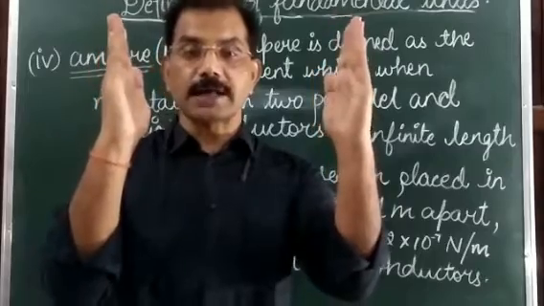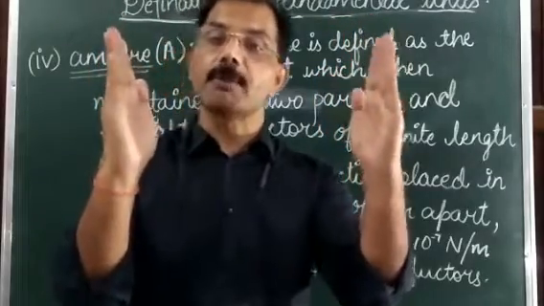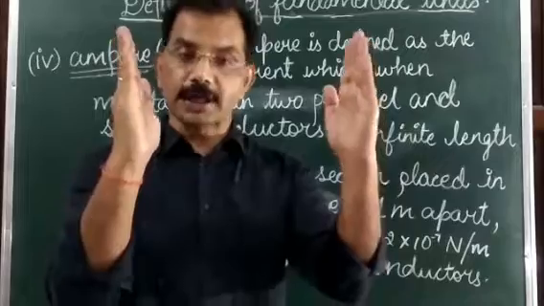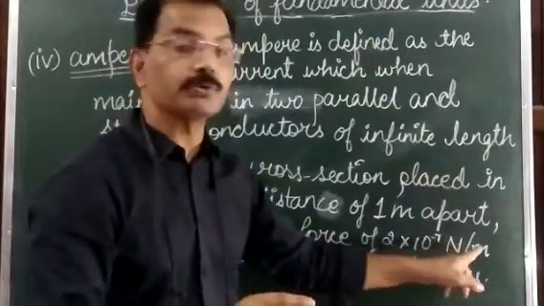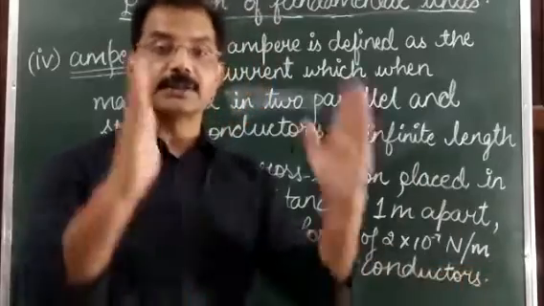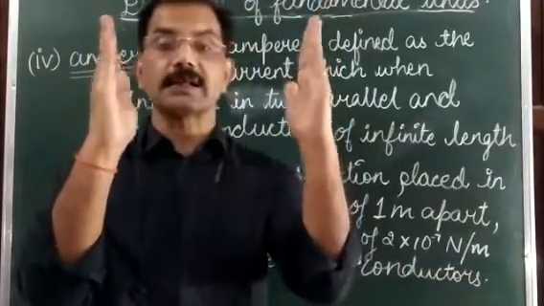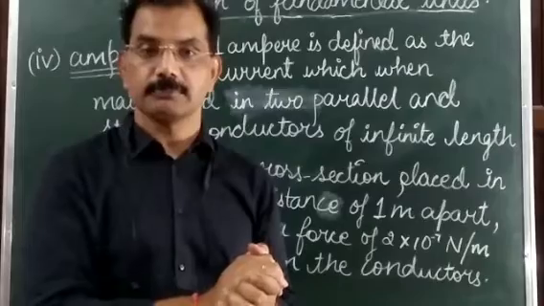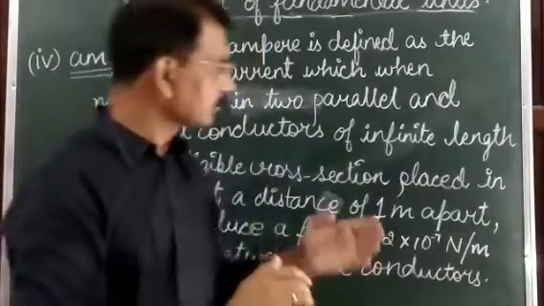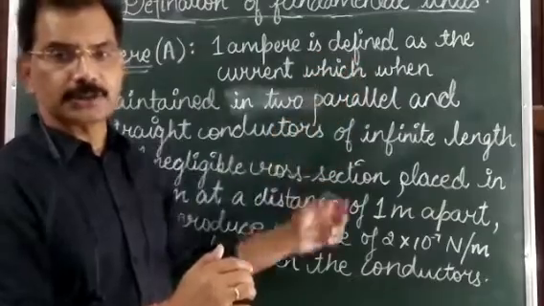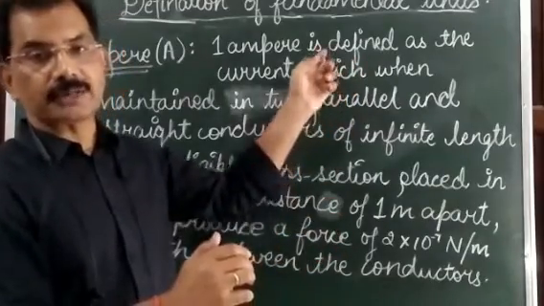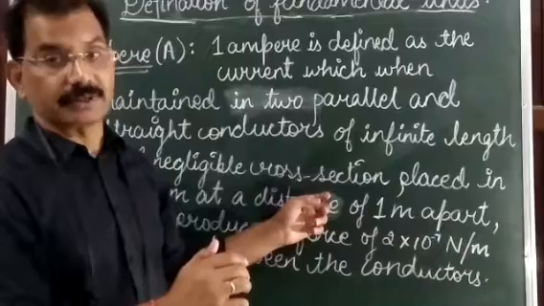It means when two parallel current carrying conductors are placed in vacuum at a distance of 1 meter, and we experience a force of 2 into 10⁻⁷ Newton per meter, then the current flow in that conductor is 1 ampere. So I think maybe 2-3 times when you read this one here, because the same definition again I will give you in class 12 in the magnetic field chapter.